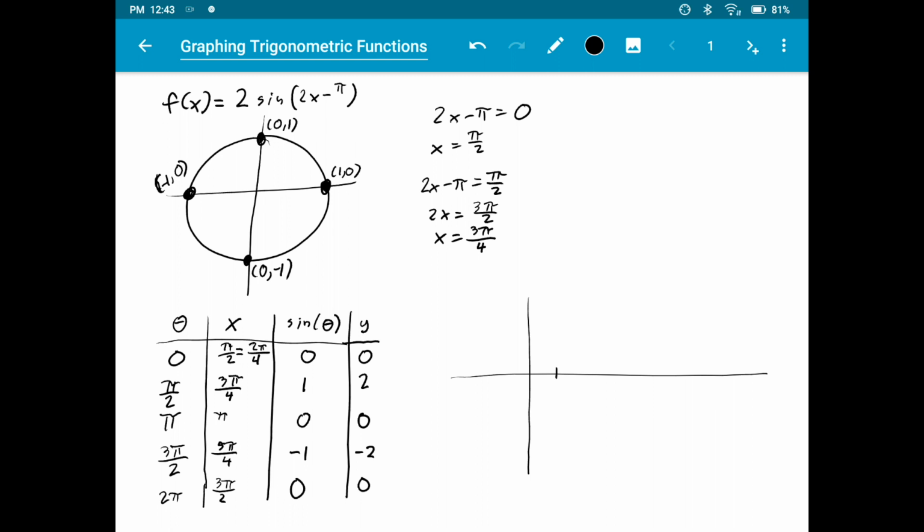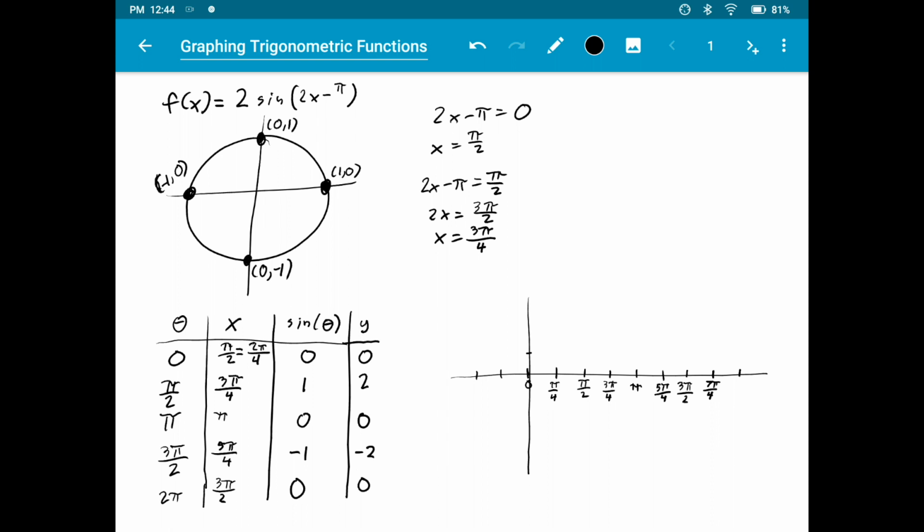So I put pi over 4, pi over 2, 3 pi over 4, pi, 5 pi over 4, 3 pi over 2, 7 pi over 4, etc., and it works the same way in the other direction. We can just keep going as far as we want.